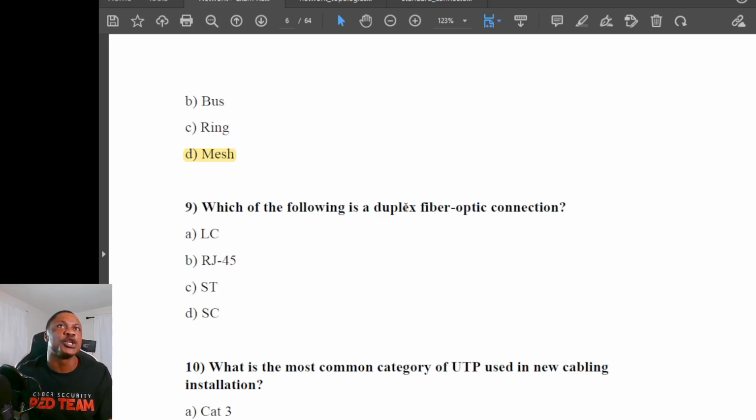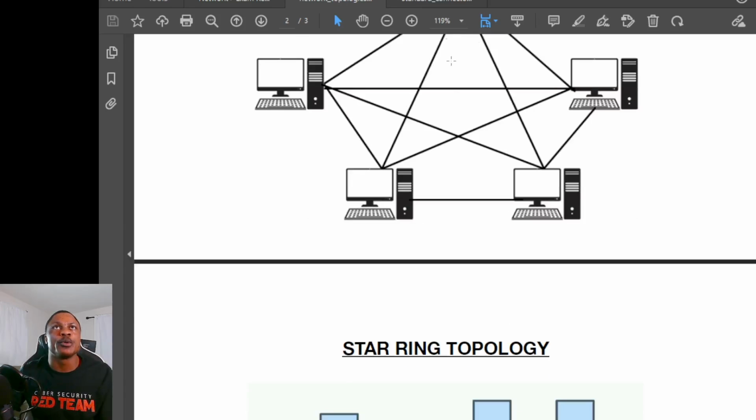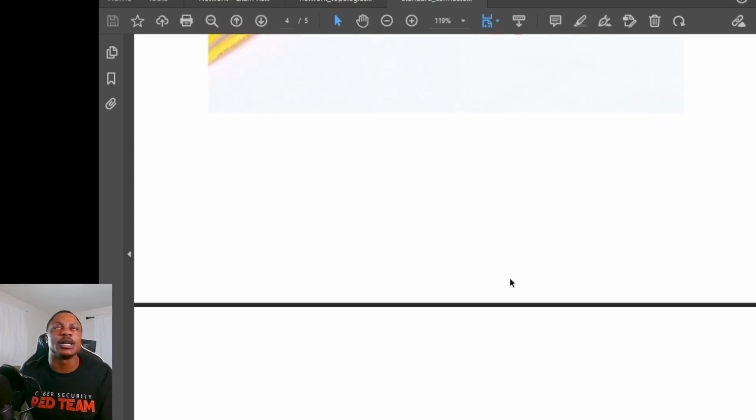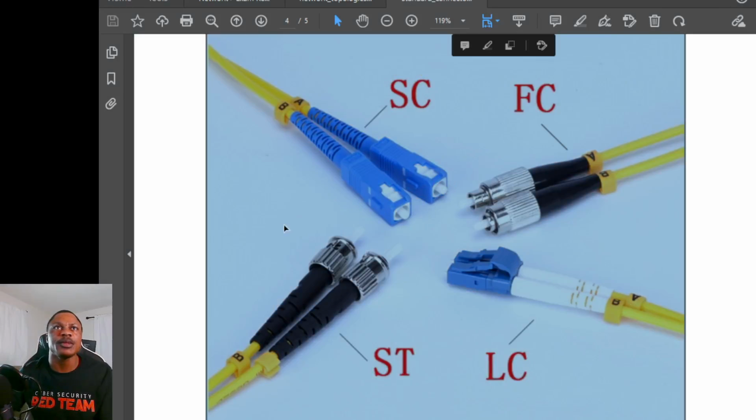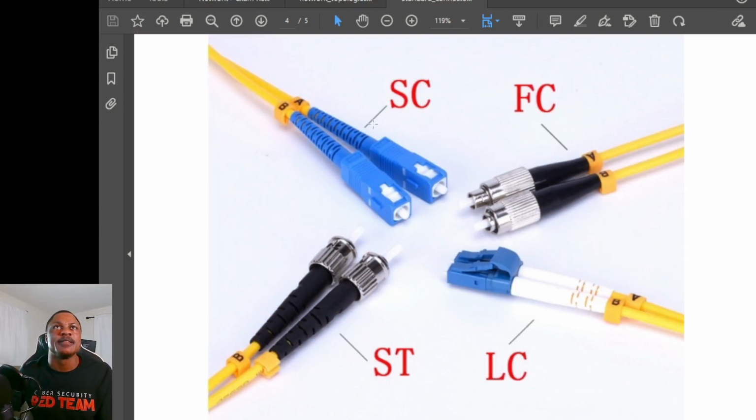So number 9, which of the following is a duplex fiber optic connection? You have to pay attention to the word duplex. When I was showing you the standard connectors, I mentioned it already. The ST and the FC are pretty old, phasing out, not that common anymore. And the SC is the standard connector, widely used because it's cheap, affordable, and somewhat efficient.